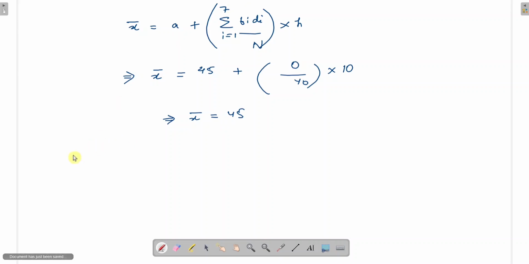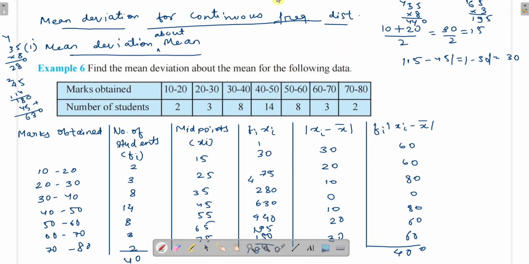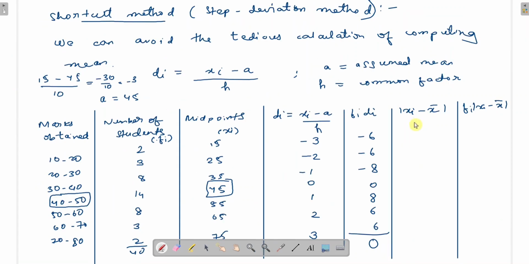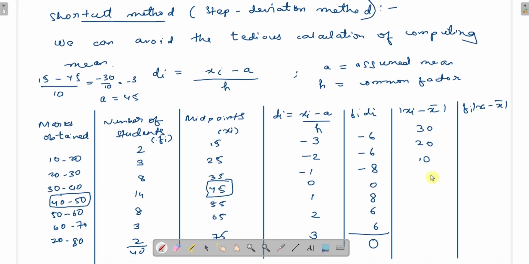Now we can calculate the mean deviation. So for that we need this table. So this table is just the same as this table here. So 30, 20, 10, 30, 20, 10, 0, 10, 20, 30.